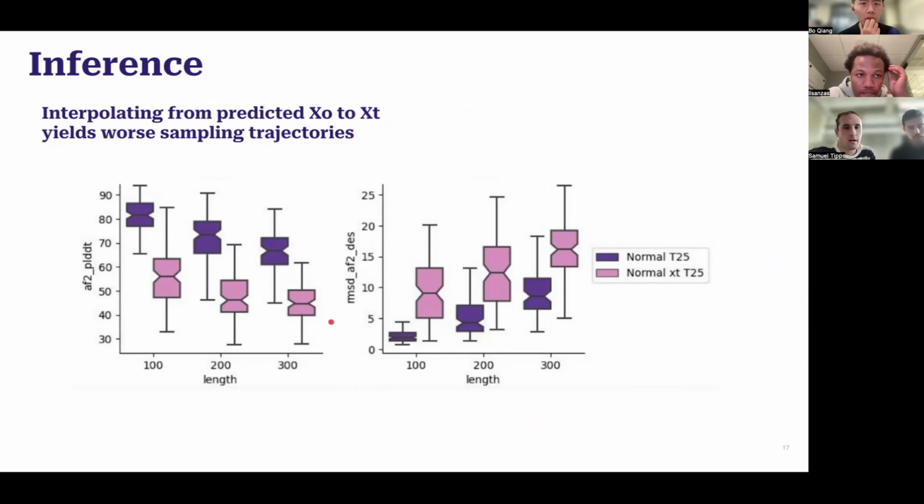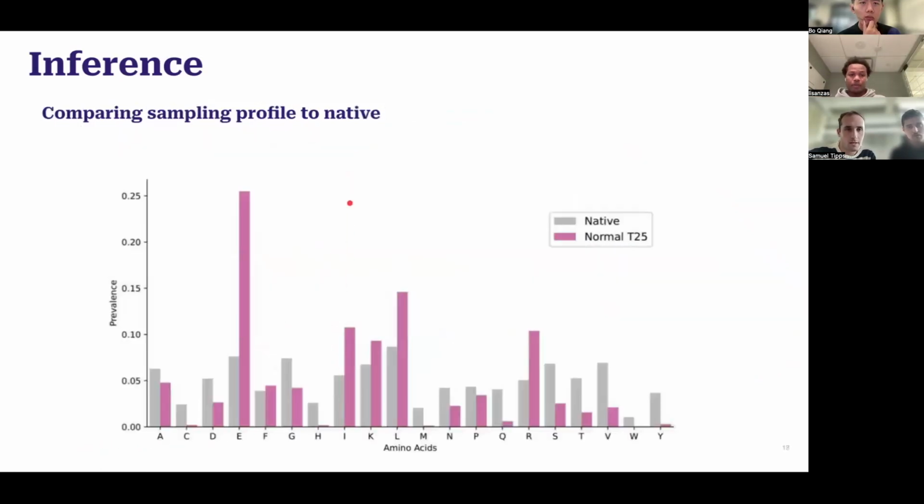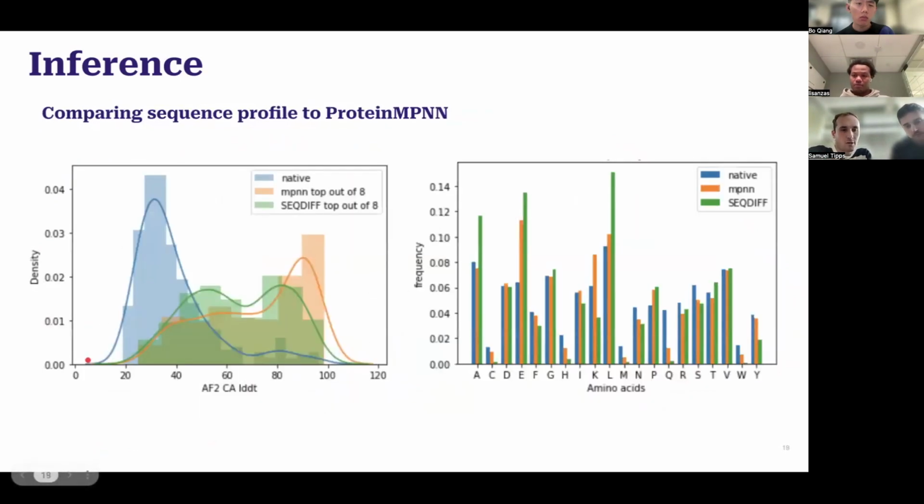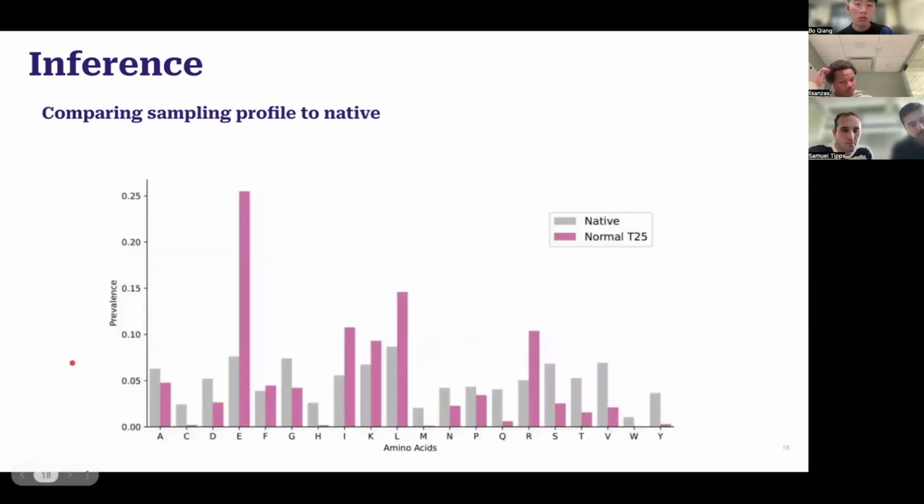And that led us to better sampling, as you can see here across these different lengths. And then looking at the sequence profiles from inference compared to natives, we can see that some of the distribution seems to match, although certain residues are certainly oversampled in our model.